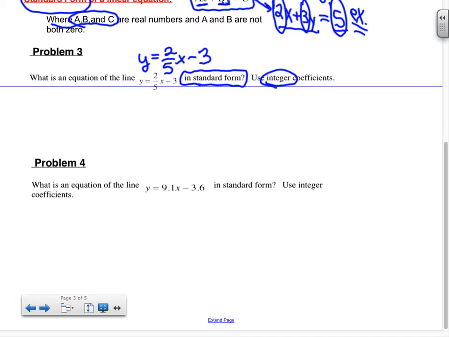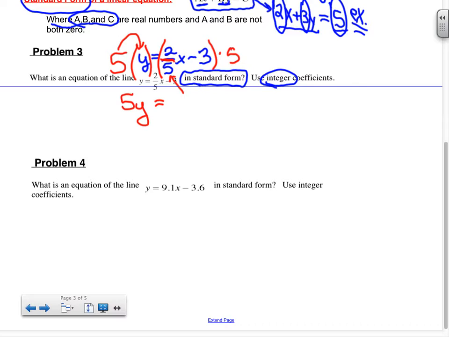Okay, so what you can do right away, if you don't like your fractions, is get rid of them. What I see on the bottom of my fraction is a 5. To get rid of the denominator, simply take your equation and multiply it by 5. You pick the denominator and you just multiply both sides by 5. 5 times y, 5y.